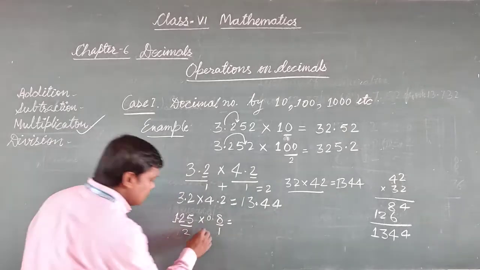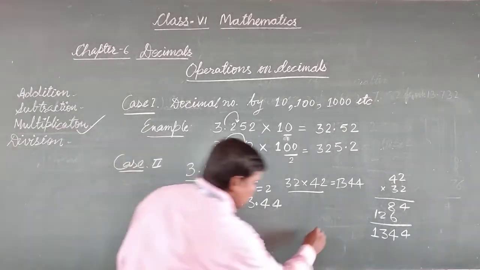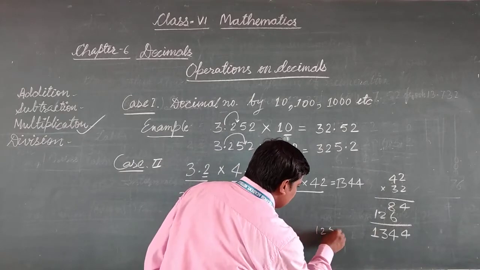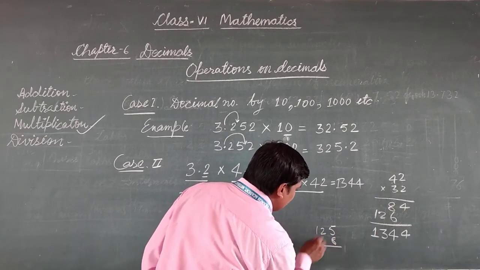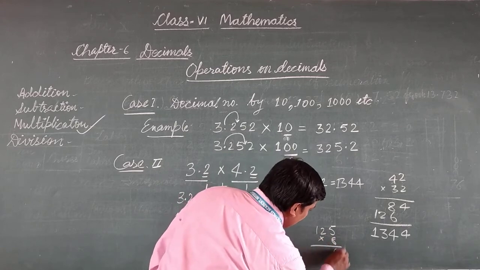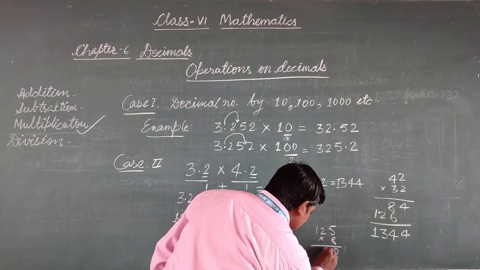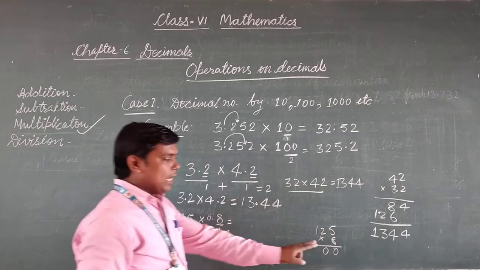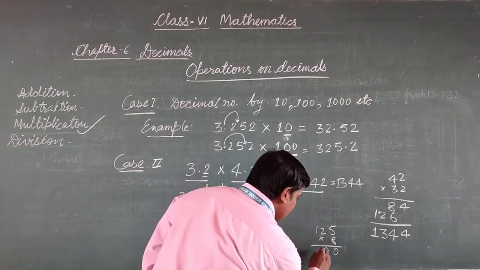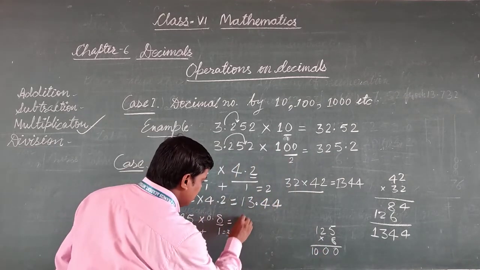We will multiply 125 and 8. When you multiply 8 by 5, 40, 0, carry 4, 8 twos are 16 and 4, 20, carry 2, and 8 ones are 8 and 2, 10. It will come 1000.